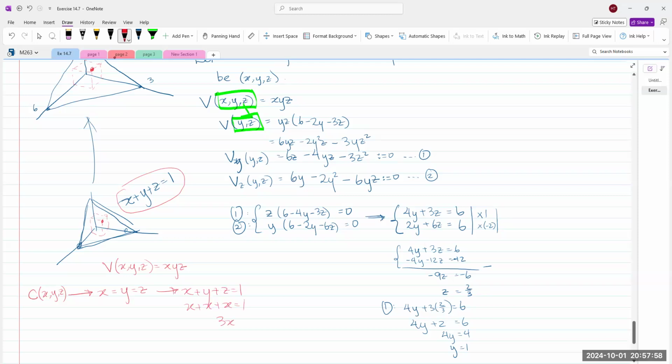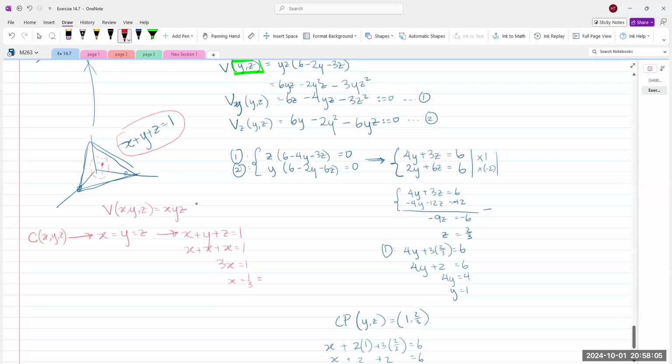So 3x equals 1, x equals 1/3, y equals 1/3, z equals 1/3. So on the plane where x plus y plus z equals 1, the coordinate that gives you the largest volume is 1/3, 1/3, 1/3.